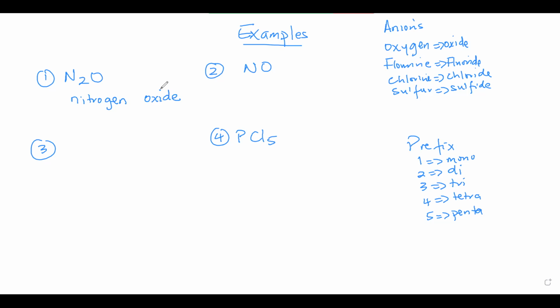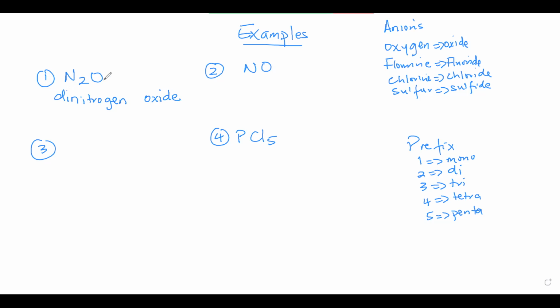Now we use the prefix to indicate the number of atoms of each element. There are 2 nitrogen, so the prefix here is di. So dinitrogen.